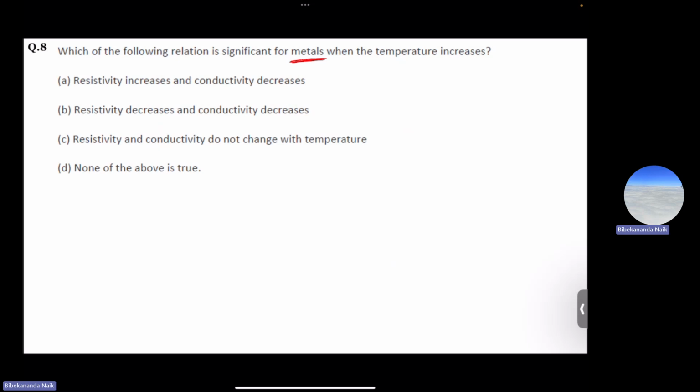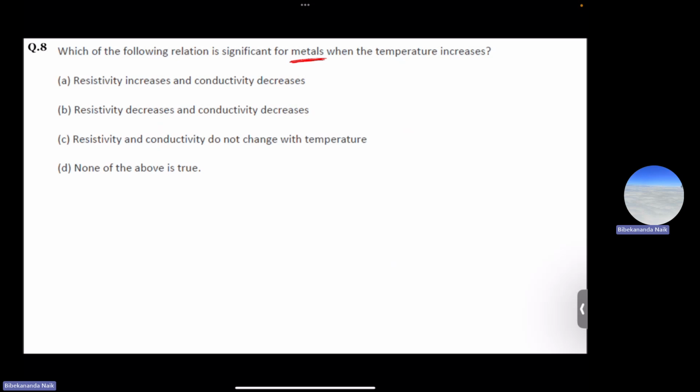Since there are plenty of electrons, if the temperature increases, the collisions between the electrons increase. Due to that, the resistance, because we know resistance is only due to the collisions between the charge carriers, the resistance or the resistivity increases, and as a result the conductivity decreases, because since the electrons can't travel much distance due to collisions, the conductivity will obviously decrease.